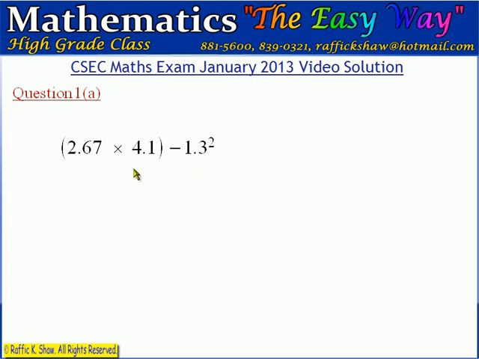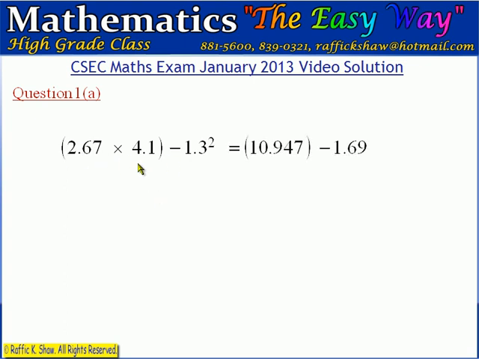It's normally power before bracket, then multiplication and division before subtraction and addition. So to do this first step, we ensure that we calculate this term separately from this term before we do the subtraction.